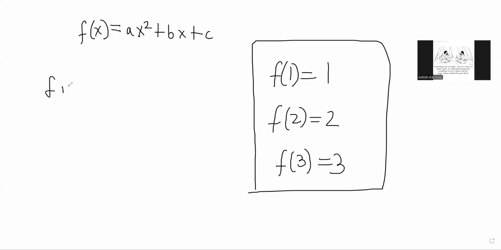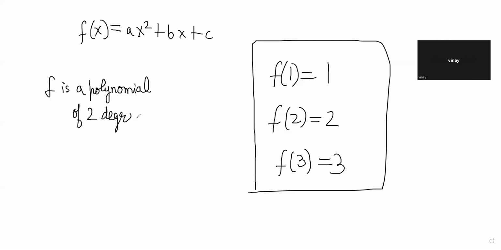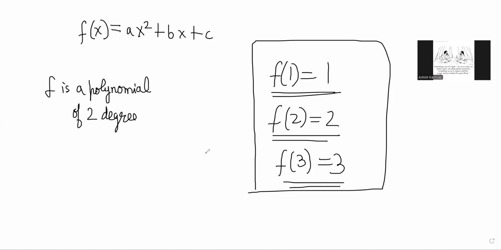I'm saying f is a polynomial of degree 2 and 3 values are given. We will have an equation and the coefficients, so from these values we can obtain three equations and find the values a, b, c. Kaustav, you also find a, b, c. Do you understand the question right now?